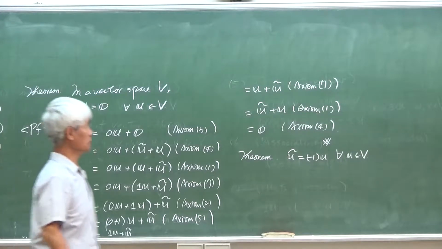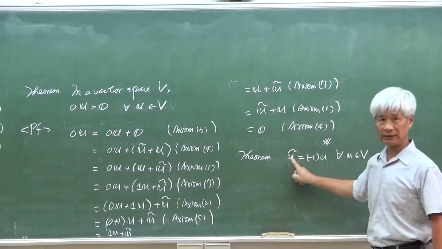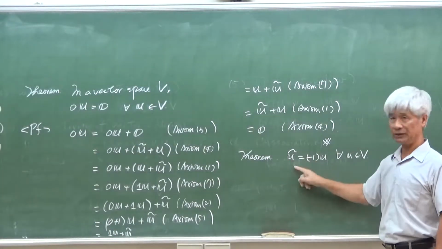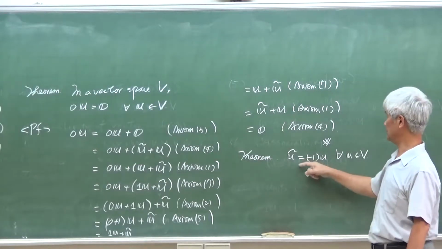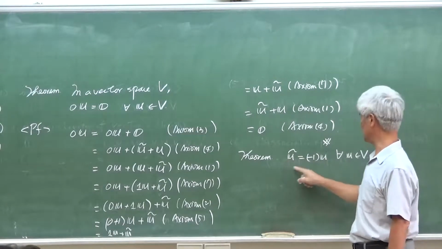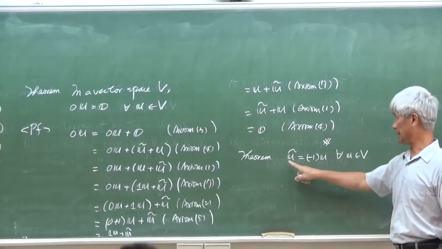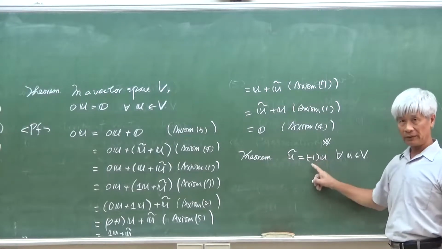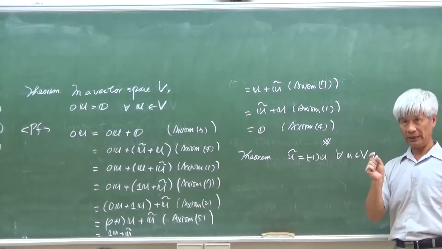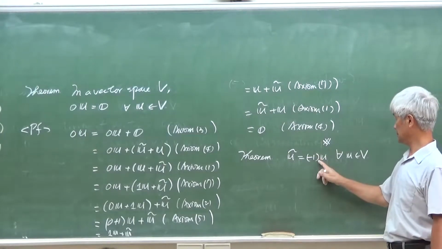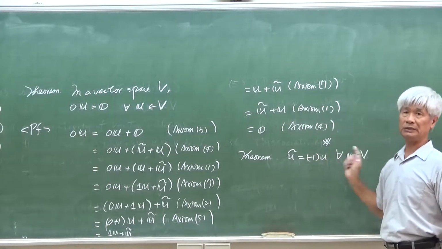So we know it is unique. We already know that. But what exactly is it? We can express the additive inverse by this expression. It's actually minus 1, which is a real number, scalar multiplied with the vector u.